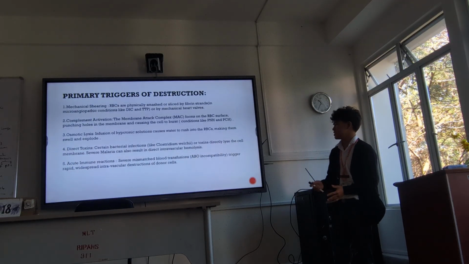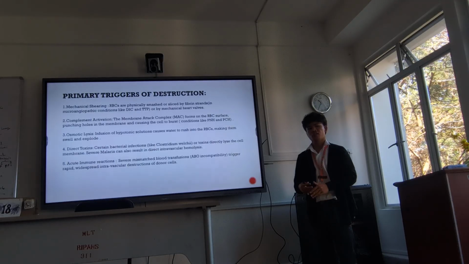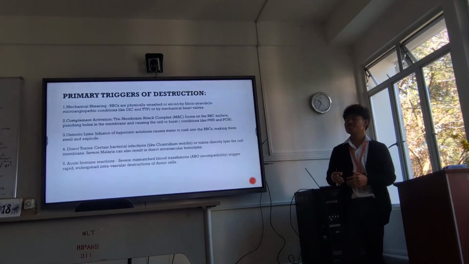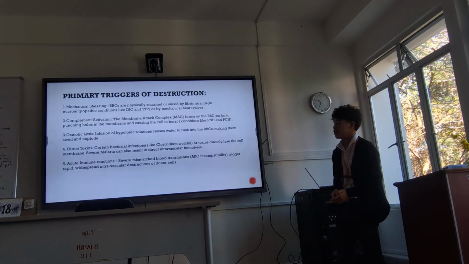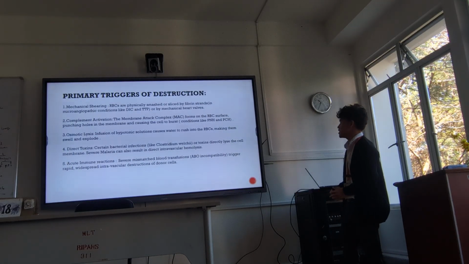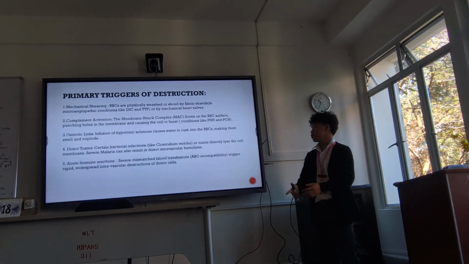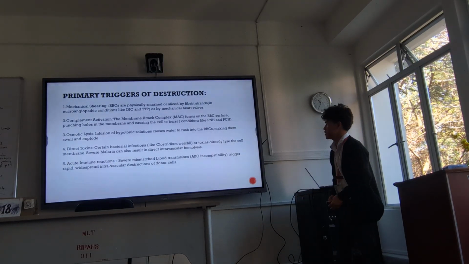Then osmotic lysis, the diffusion of solutions, meaning the cells will swell and eventually burst. Direct toxins like Clostridium or autoimmune reactions, also incompatibility reactions, can also trigger intravascular hemolysis.